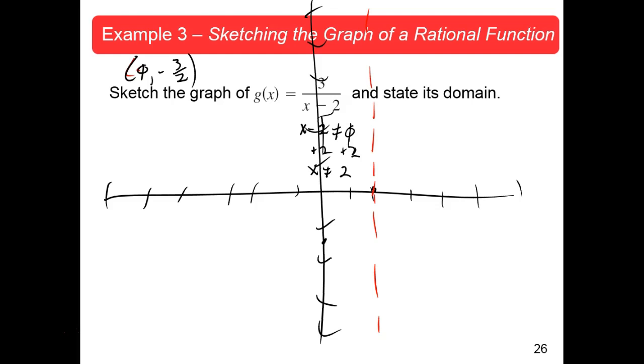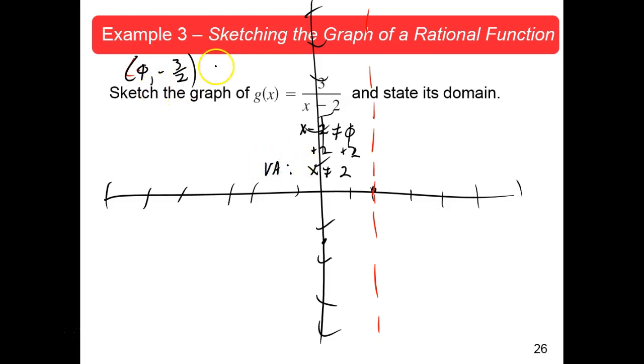Which almost gives it away that y equals 0 is your horizontal asymptote, because 3 over x gets very, very large and goes to 0, either positive or negative. Here's your vertical asymptote.